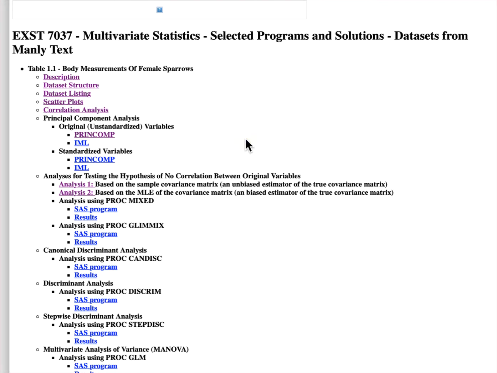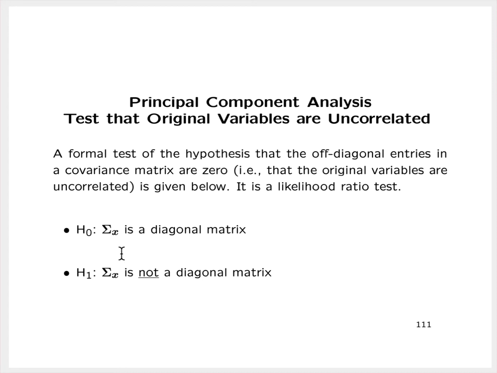And so let's talk briefly about how to go about doing this test. You'll remember that the null hypothesis is that the population covariance matrix for the variables is a diagonal matrix, against the alternative that that covariance matrix is not a diagonal matrix, that at least one of the off-diagonal elements is non-zero.